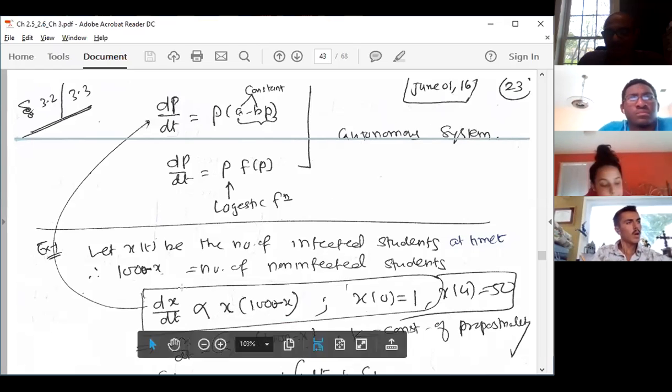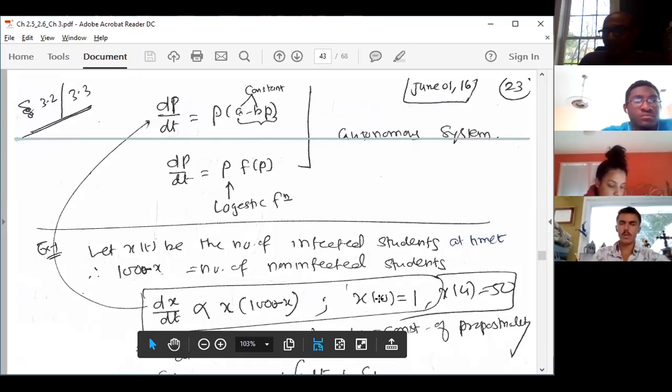So dx/dt is proportional to... what is your x? x is the number of infected students at time t. The rate of change means growth. It is proportional not only to the infected students, but also to the non-infected students. So x times how many students are on the campus? 1,000. So 1,000 minus x are the non-infected students. So it is x times (1,000 minus x).